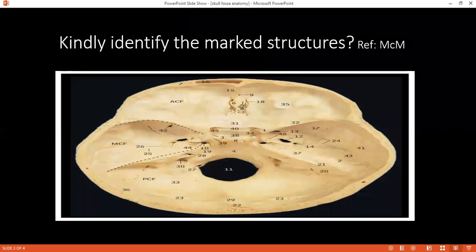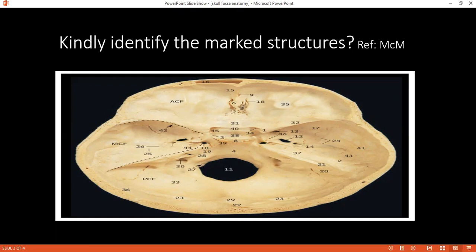Okay. On the lateral side, can you identify the impression of the trigeminal ganglion? Sorry, ma'am.